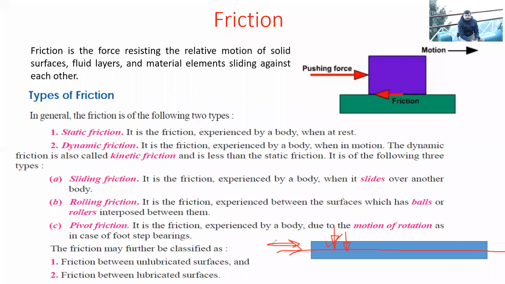So there is a huge amount of axial thrust which a vertical shaft will come across. This is mainly in pivot friction. We will be discussing the axial force coming on the shaft, and ultimately the shaft transfers that axial force to the bearing while rotating. So there is a lot of friction which it has to overcome to come into motion.